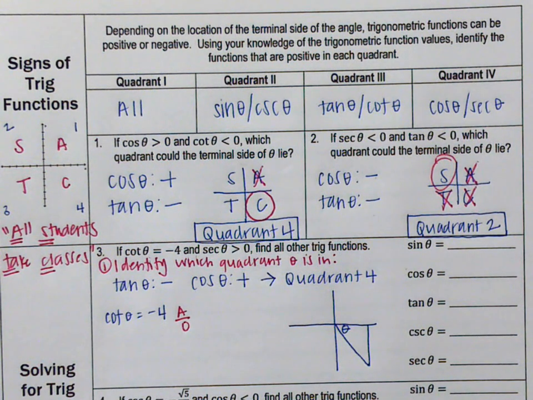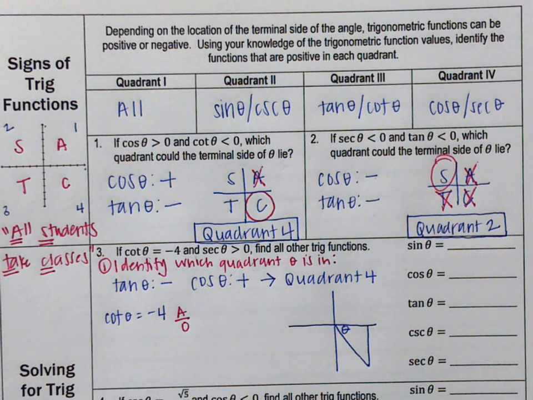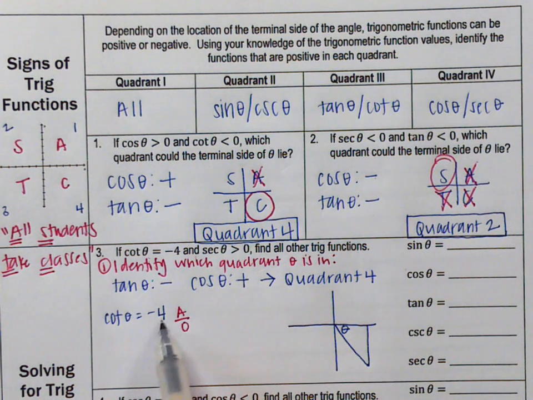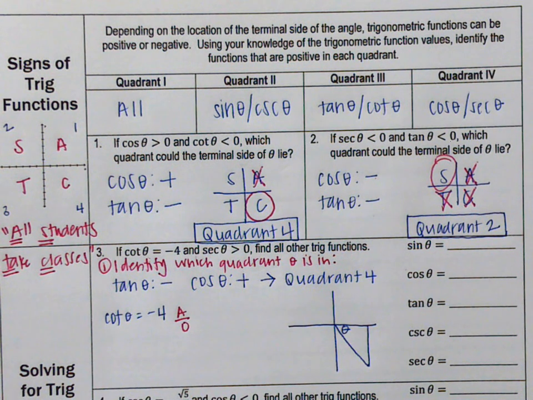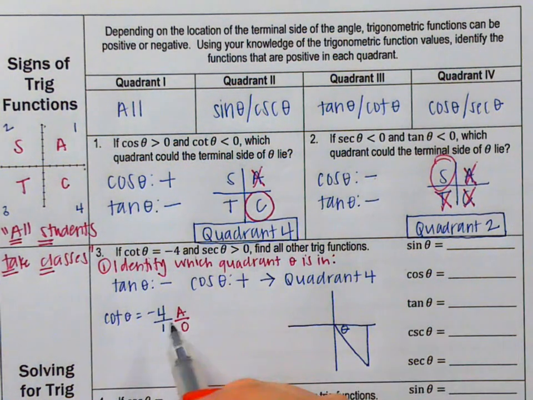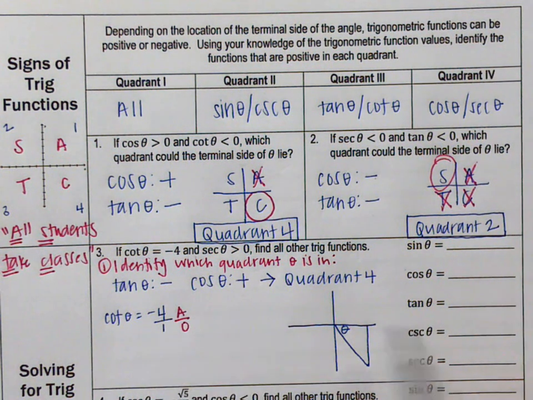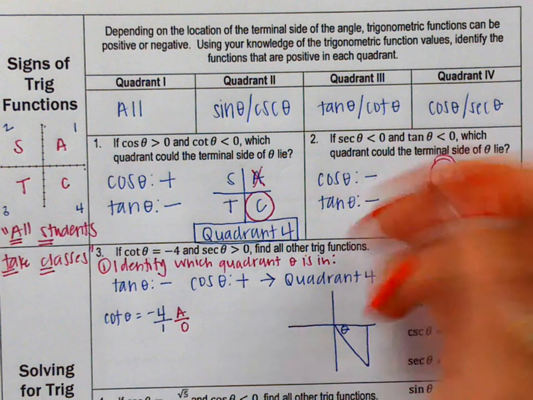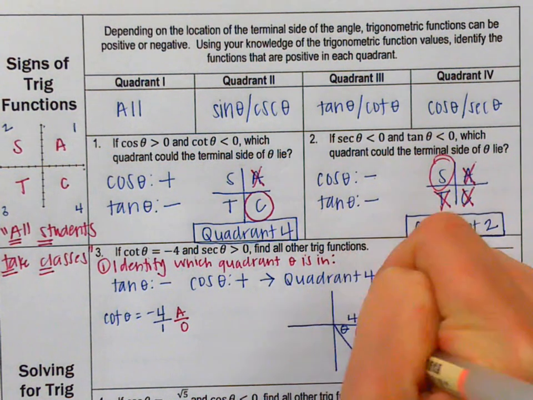So the first thing I need to know is, well, this is a fraction. So how do I write that as a fraction? Well, any whole number is still a fraction, it's just over 1. So that tells me the adjacent is 4, the opposite is 1. So looking at this, I go, okay, 4 and 1. But what about that sign?